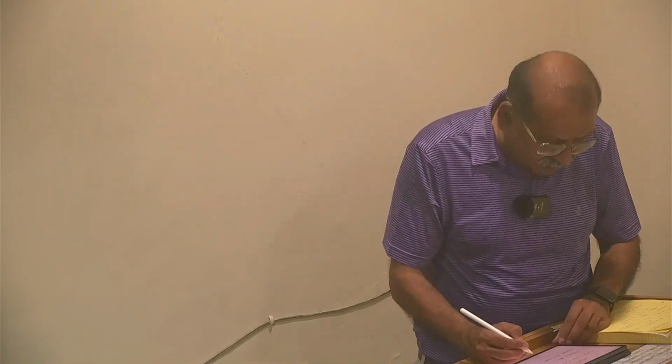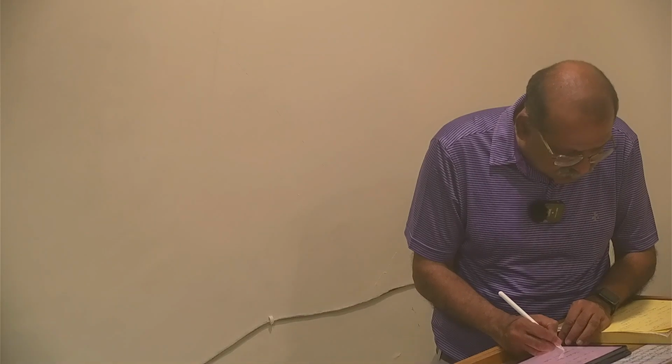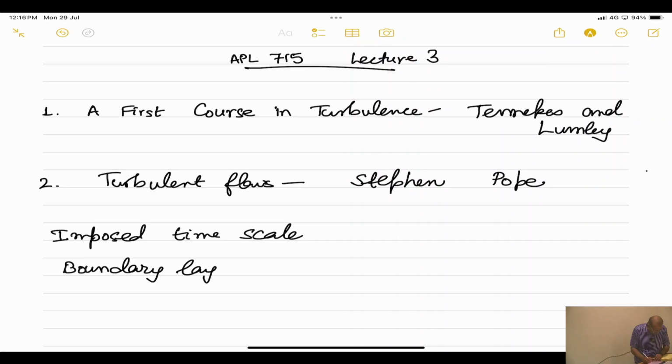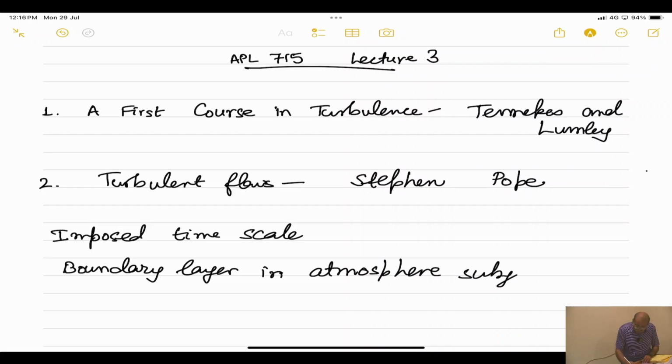The example of this will be the boundary layer in the atmosphere subject to Earth's rotation.